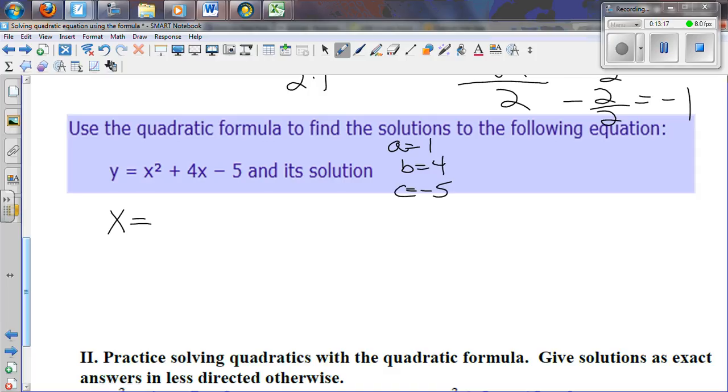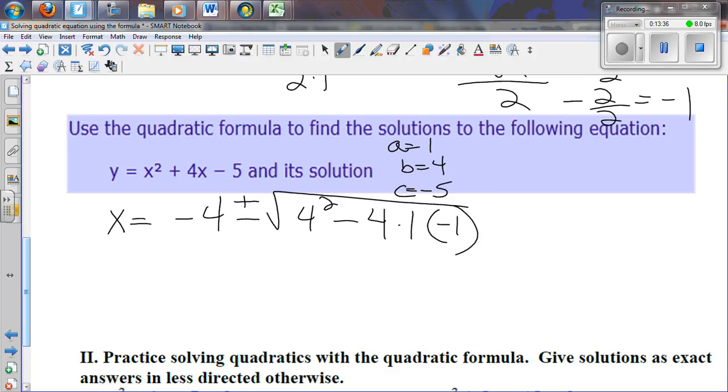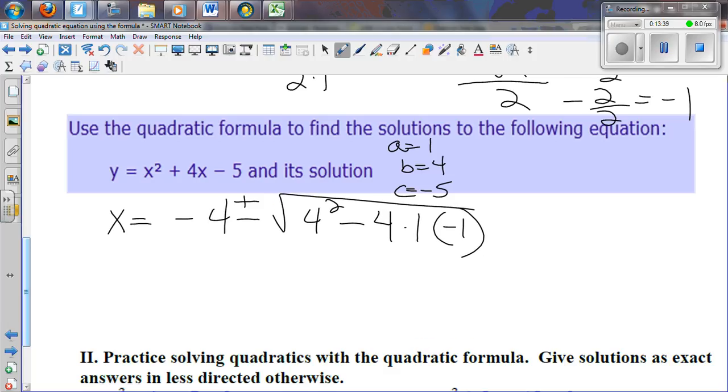So negative b, which is negative 4, plus or minus the square root of b squared minus 4 times a times c, all over 2a. I'm just putting those numbers in. This is basic substitution that we're doing here, and then we're figuring this out.